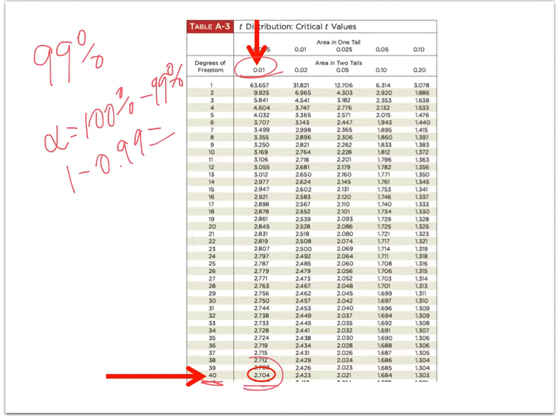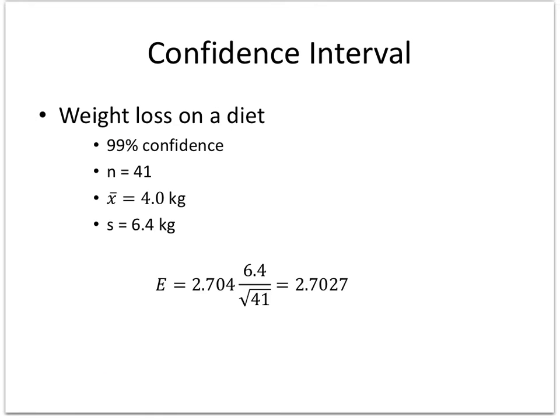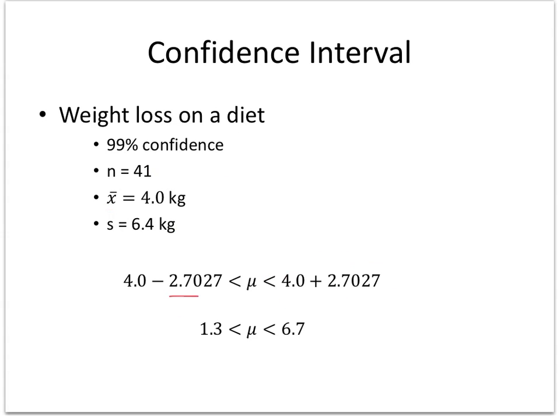So this is my critical value. Now I plug this in, I plug in my standard deviation, and I plug in the square root of my sample size, and I get my error. So now to set up my confidence interval, I simply do my sample mean minus this value and plus that value, and this gives me my confidence interval.